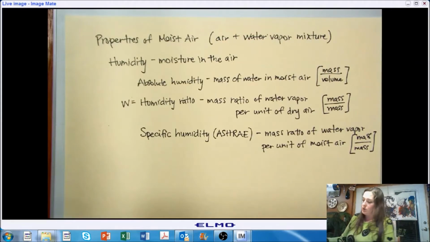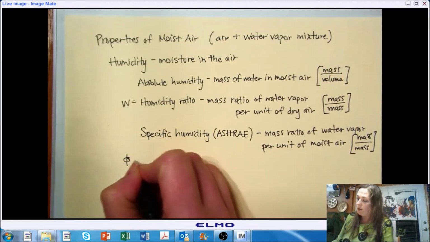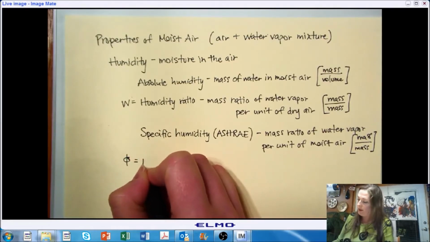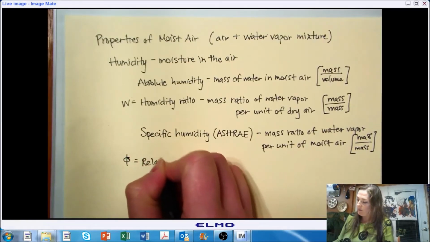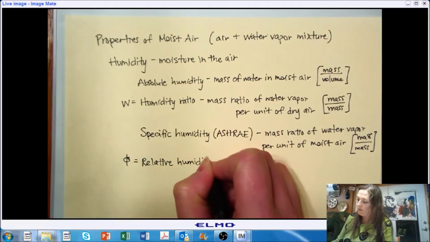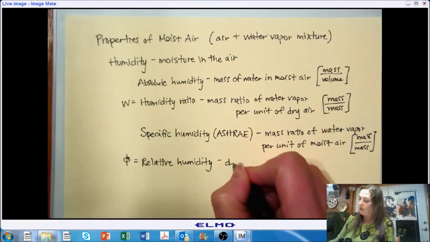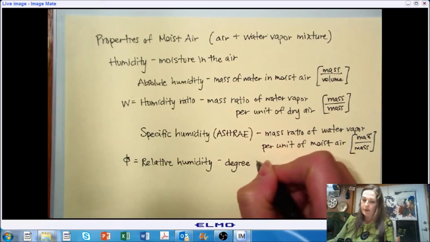Okay, the next measure of humidity we're going to work with is probably the one that you're all the most familiar with. It is relative humidity. And relative humidity is the degree to which the air is saturated.